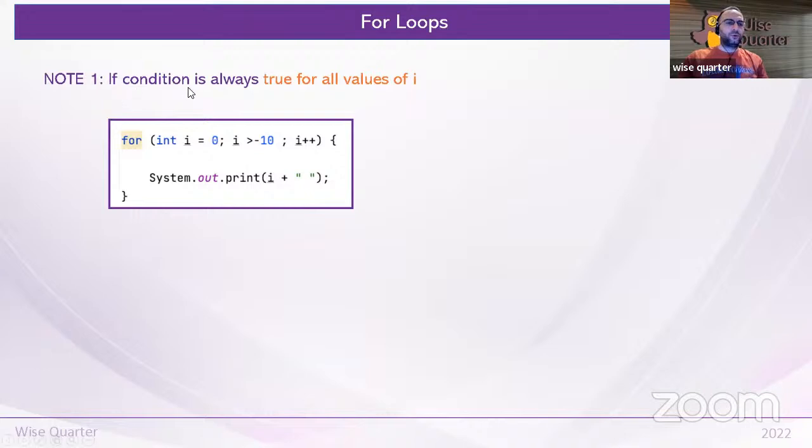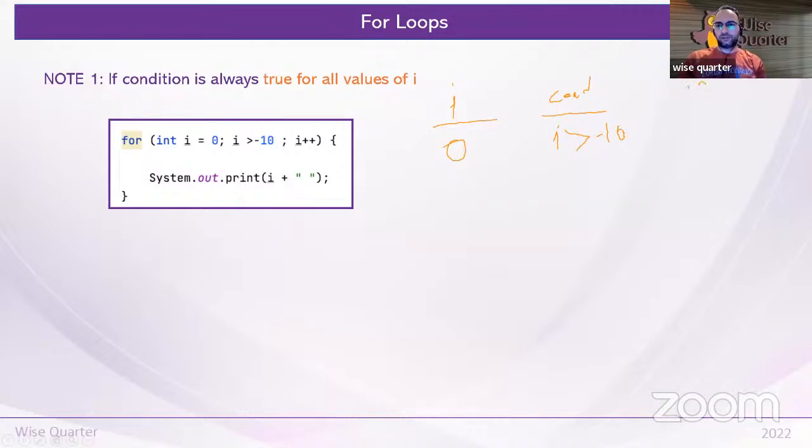If the condition is always true for all the values of i, here, i will start from 0, right? The first value of i will be 0. And the condition is, as long as i is higher than minus 10, the system will continue executing the code.